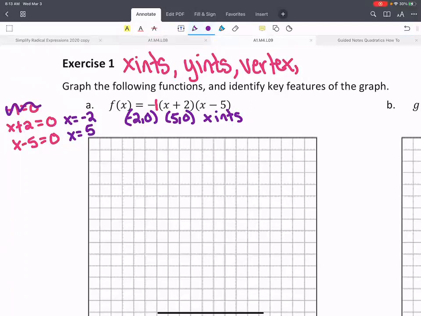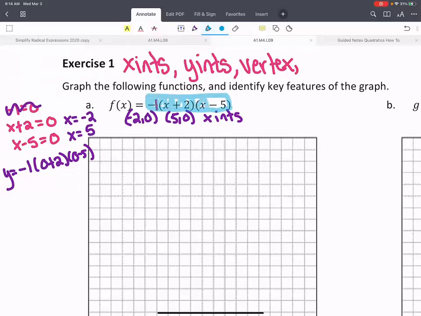Okay, so to find my y-intercept, I replaced the x's with 0. So here we go. Y equals negative, you can put a 1 there if you want to, times 0 plus 2 times 0 minus 5. No, because I'm just substituting into this equation.